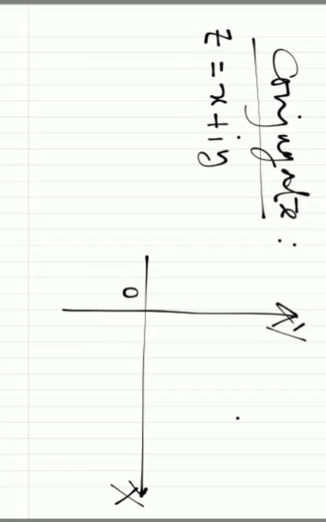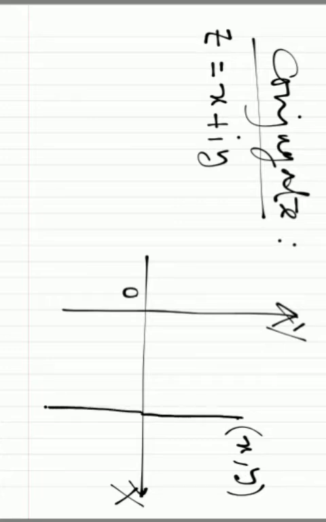So suppose this is the point xy corresponding to the number x plus iy. Then we can take the reflection of this point on the x-axis, and that can be obtained here at the same distance from where xy is.